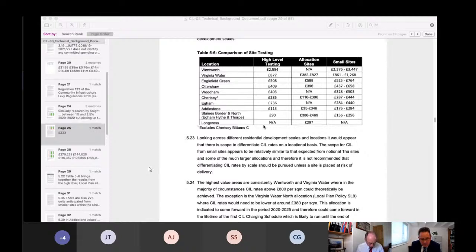I'll invite a few contributions, and we'll probably take a break at that point before coming on to the student housing after that. So I don't know if Mr. Dempsey or Mr. Golland would like to talk through that whole issue of buffers and headroom and the crystal ball gazing about what might happen in the future.